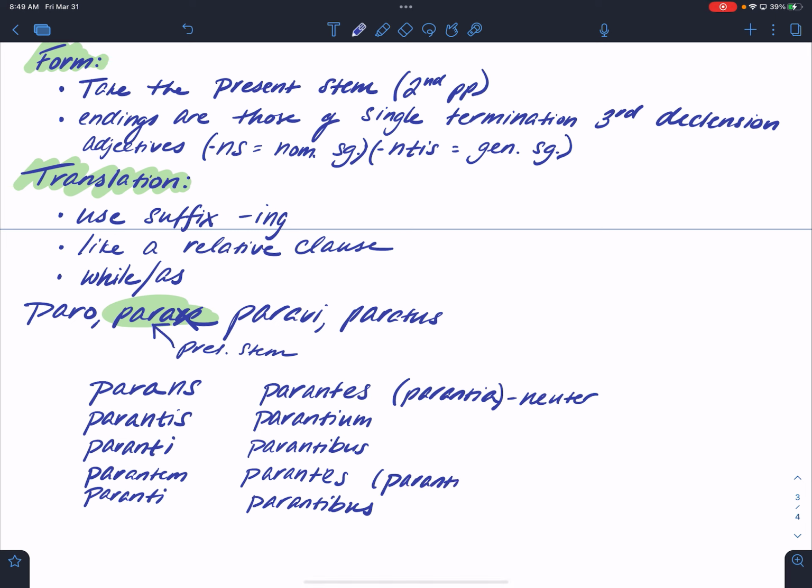But that just goes with the neuter rule. Do you remember the neuter rule, guys? Yep, short A in the plural, and in the singular they just match. Okay, and that's it. So that's the present active participle.